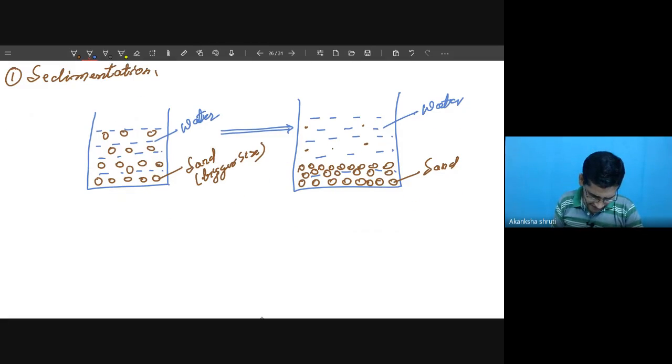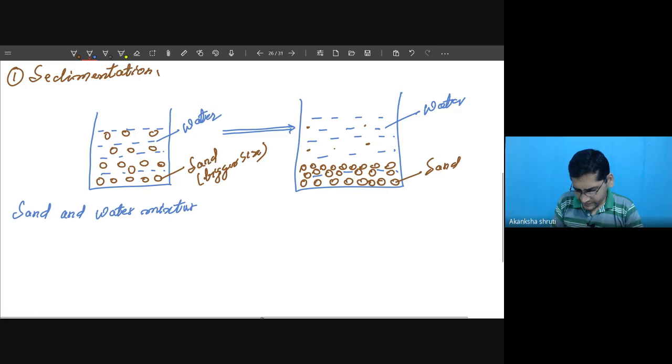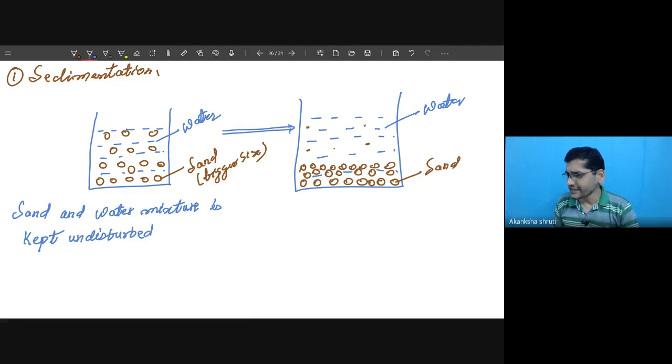So a sand and water mixture is kept undisturbed. Undisturbed means you are not touching it, you just keep it in a still condition for a long time.